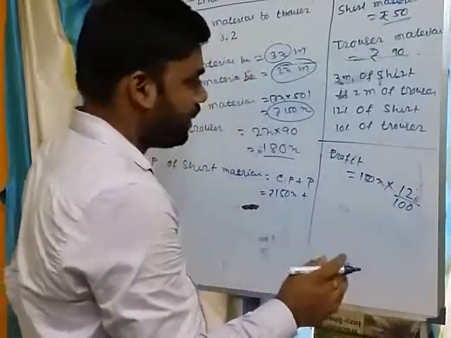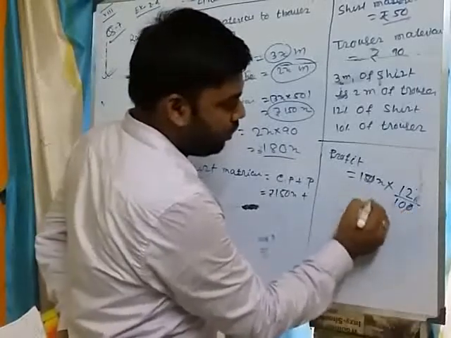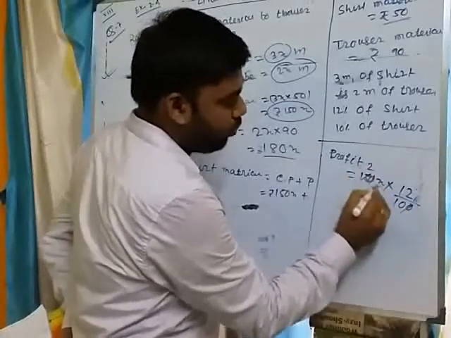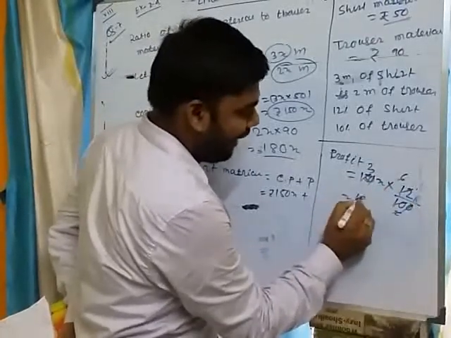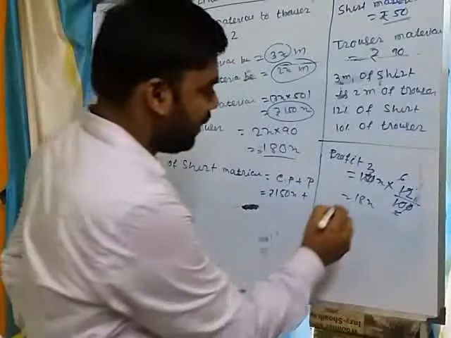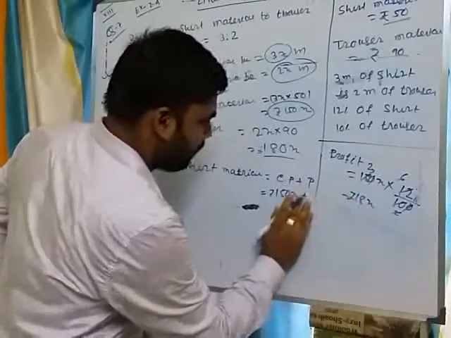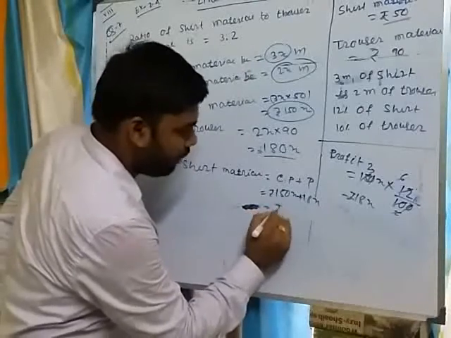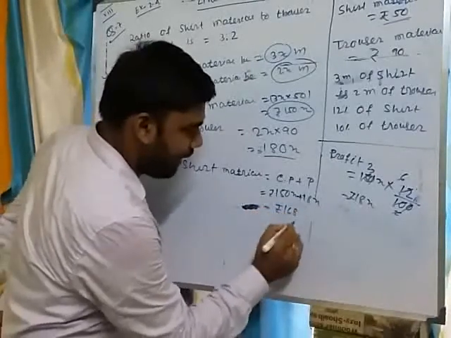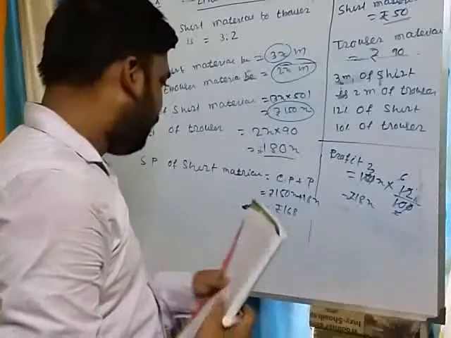So 150x into 12 by 100 gives 18x. So profit is rupees 18x, that is 150x plus 18x, that is rupees 168x. That is the selling price of shirt material.